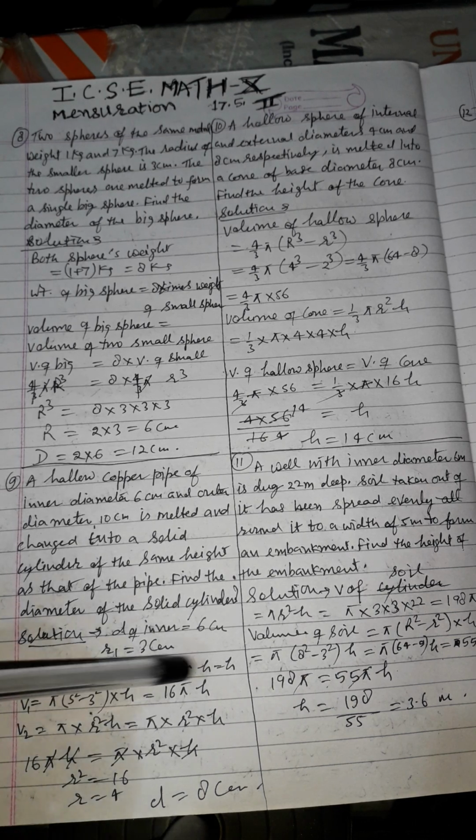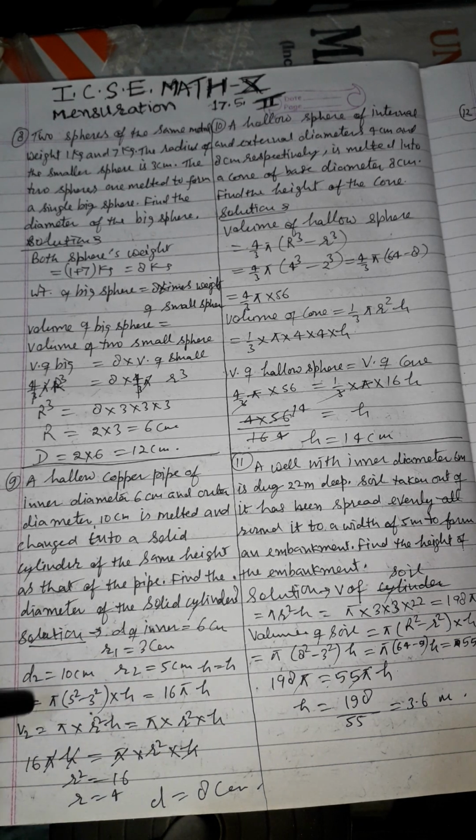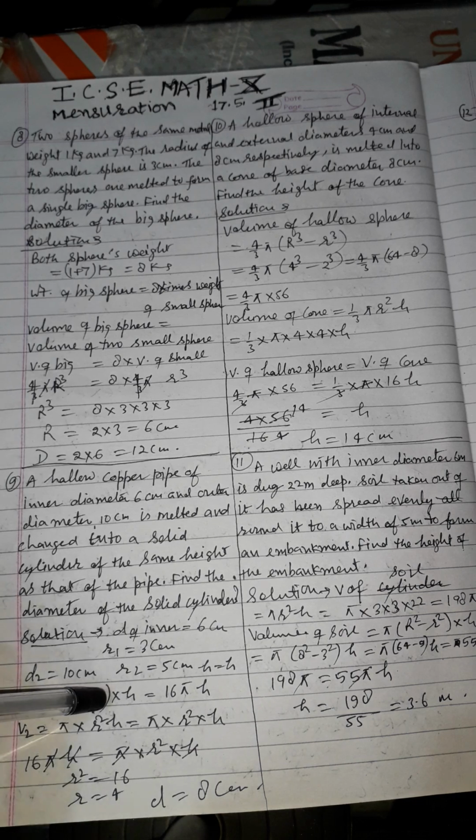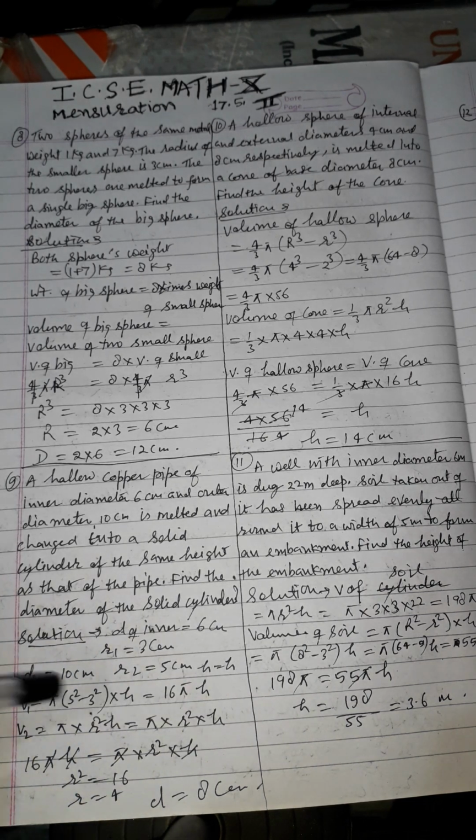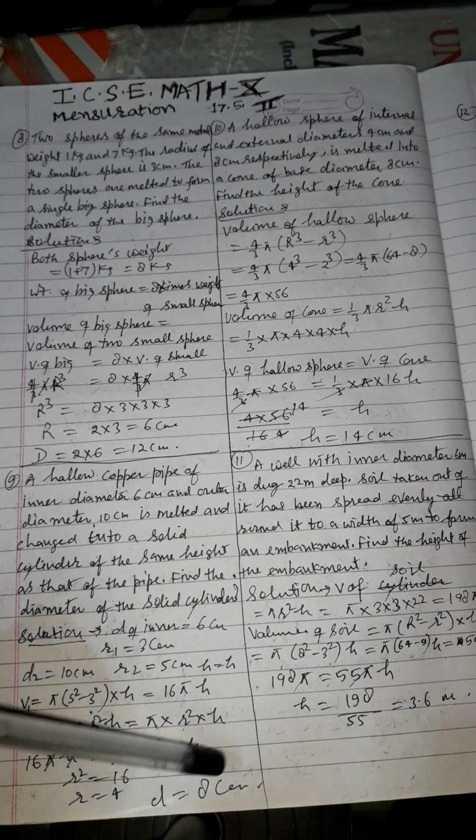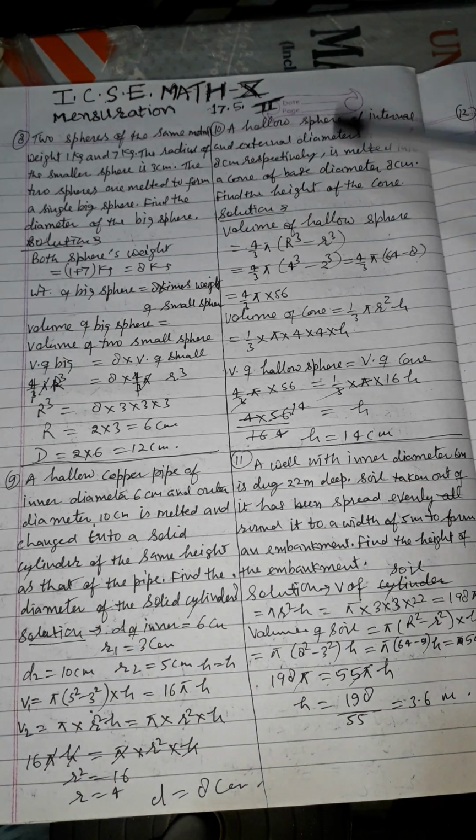D2 is 10 and the radius is 5. Then volume is equal to pi into 5 square minus 3 square into h, which is 16 pi h. Volume of the solid cylinder is pi r square h, so 16 pi h is equal to pi r square h. Pi is cancelled, h is cancelled, r square is equal to 16, r is equal to 4, then diameter is 8.